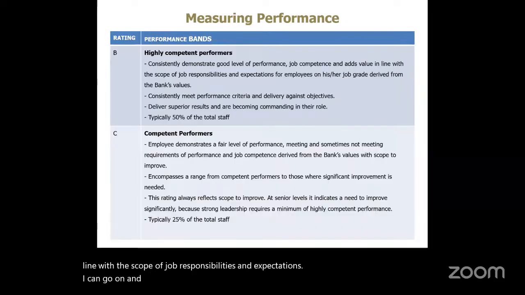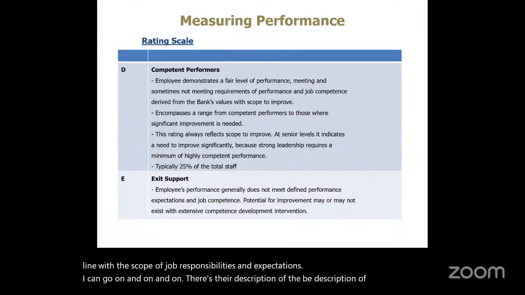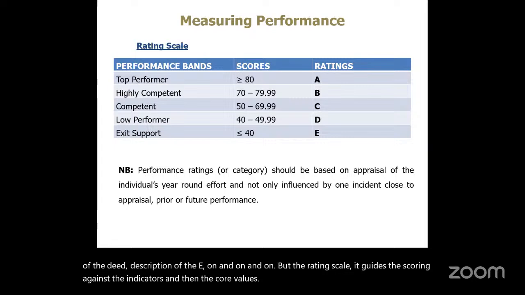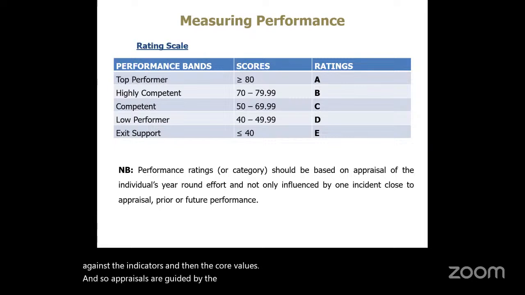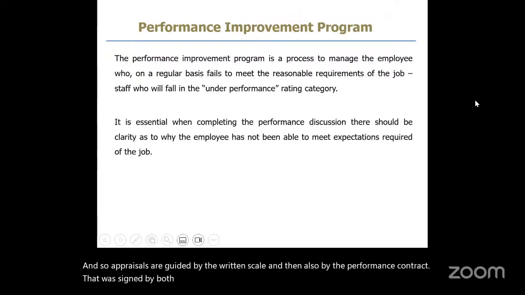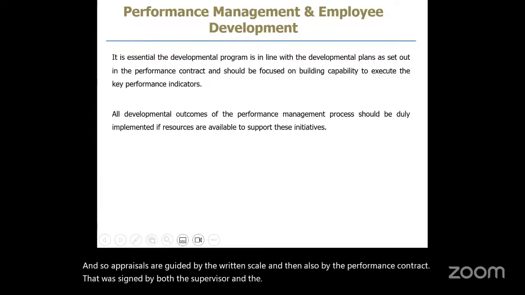There's the description of the B, the C, the D, the E. But the rating scale guides the scoring against the indicators and then the core values. So appraisals are guided by the rating scale and also by the performance contract that was signed by both the supervisor and the employee.